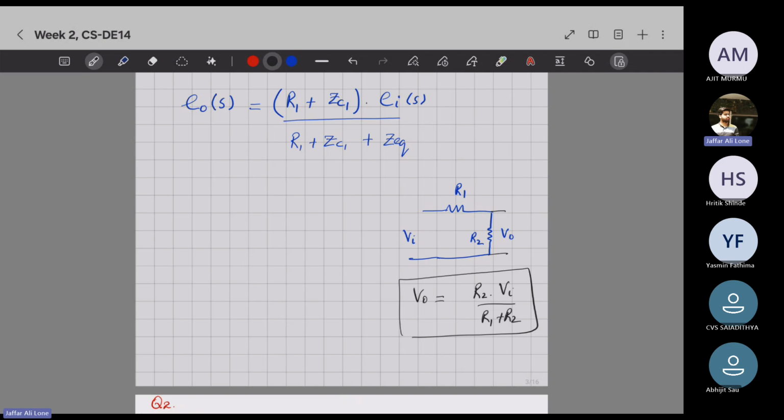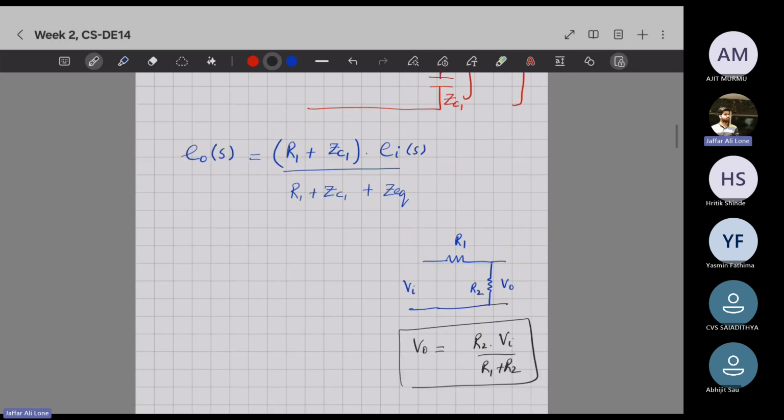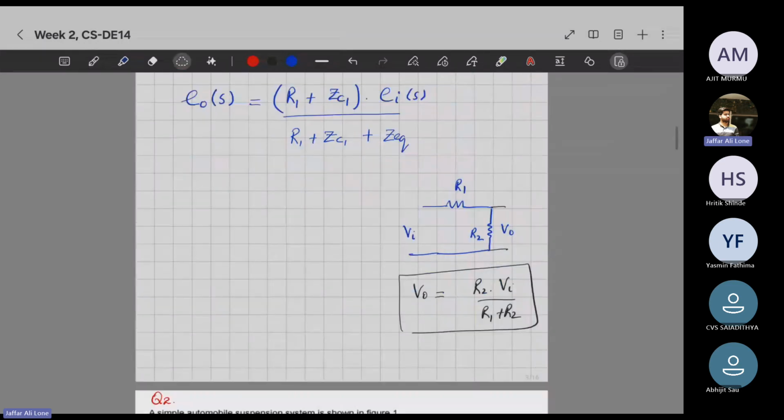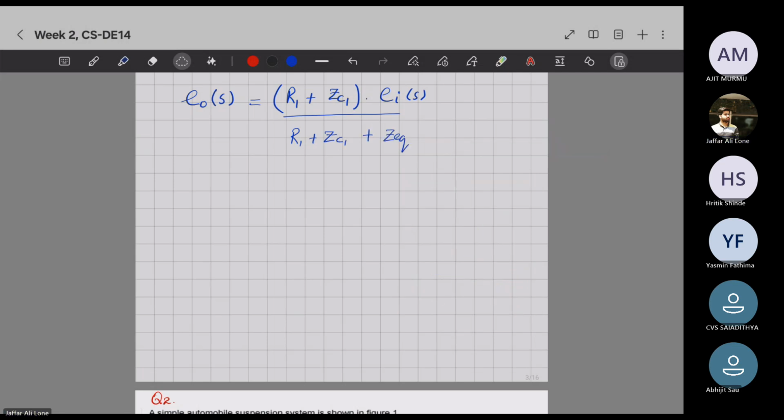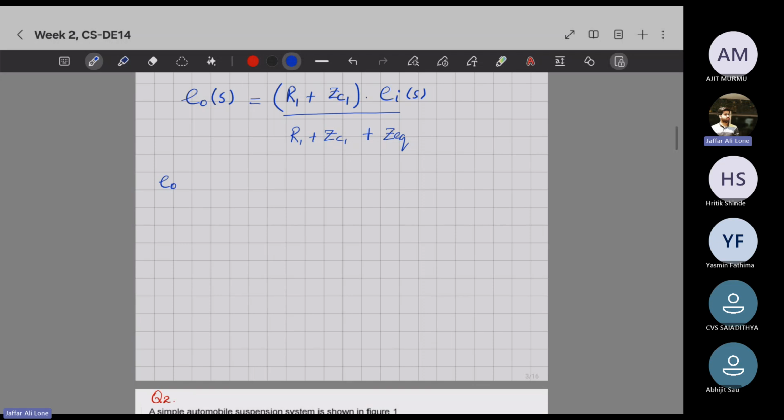Now I'll put in the value of ZC1, and also the value of Z equivalent. So erase this here. Now let's put in the values. We have E naught of S, then I will bring this EI of S here.